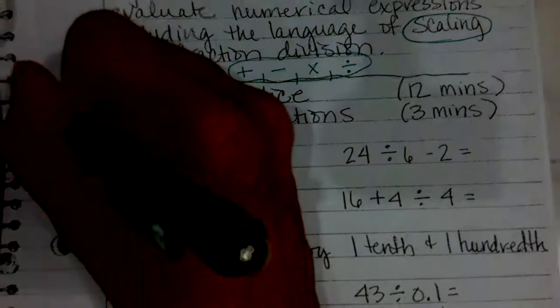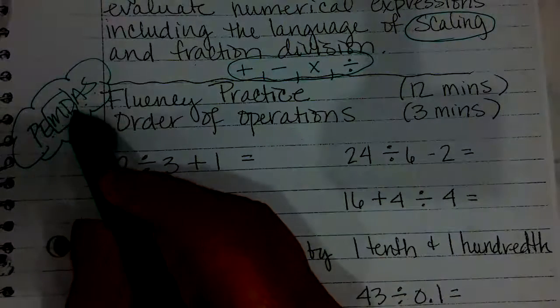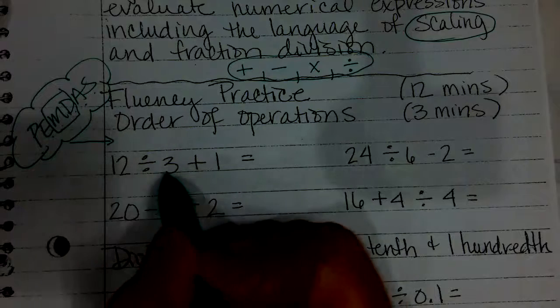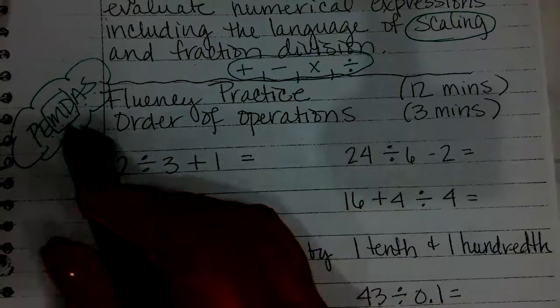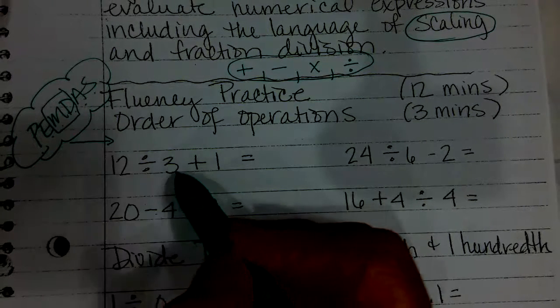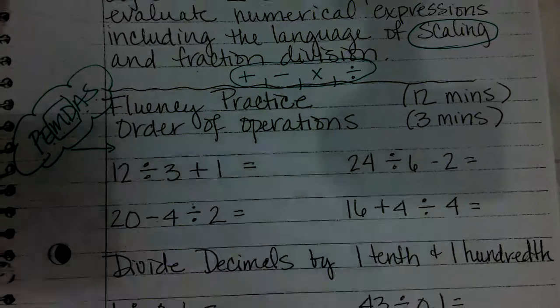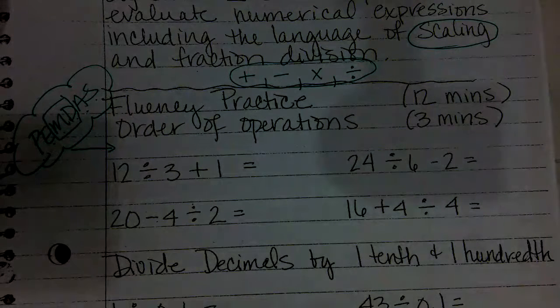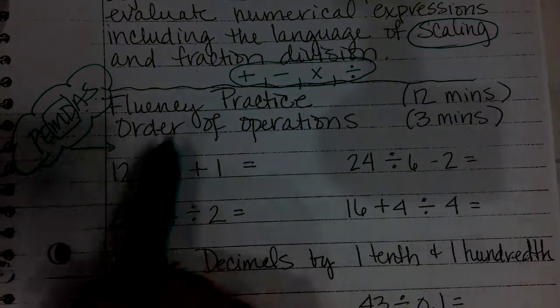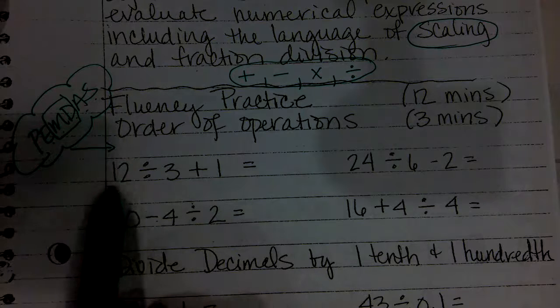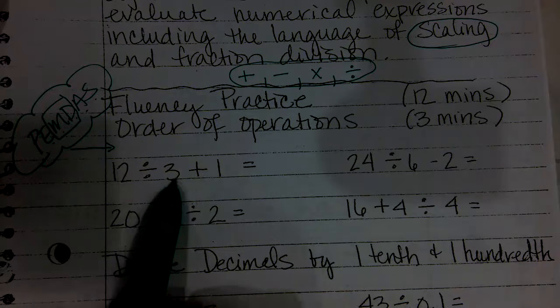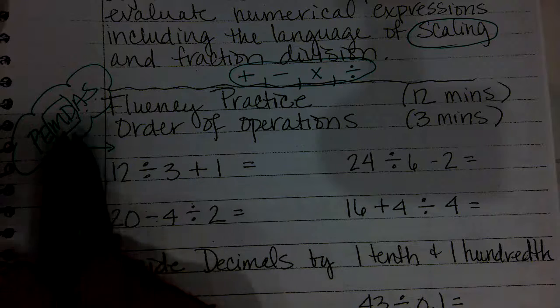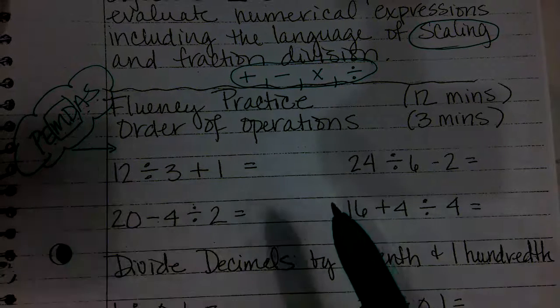Now, when it comes to multiplication and division, it doesn't matter. They're both equal. But if multiplication comes first, you do multiplication. If division comes before multiplication, you do the division. In this problem right here, division comes before addition, so you're always going to do division before addition.